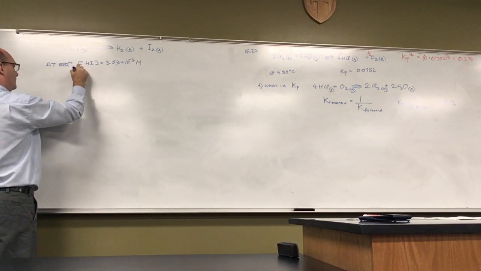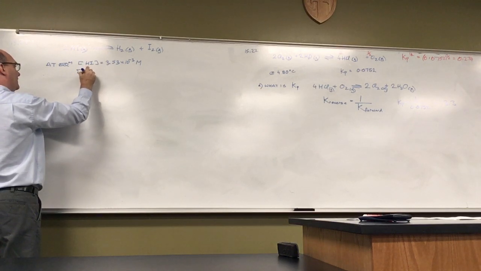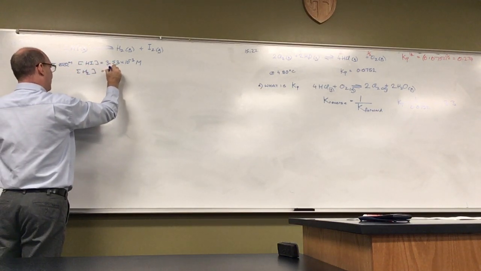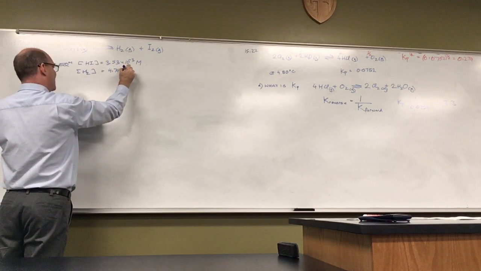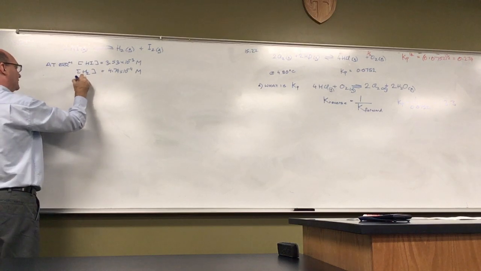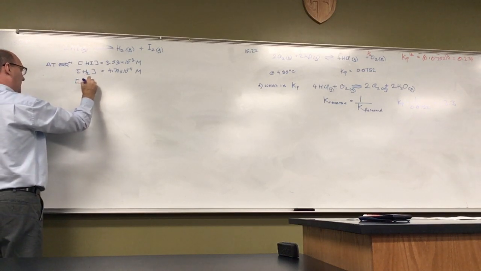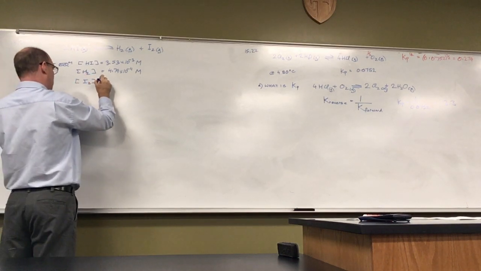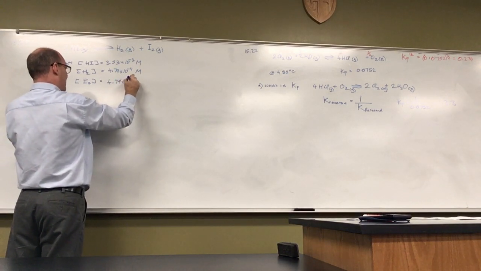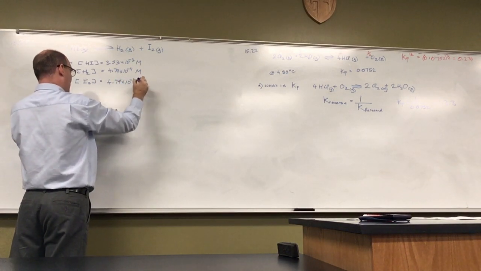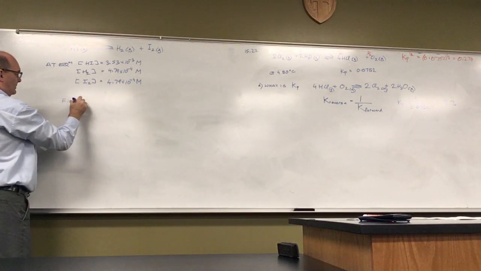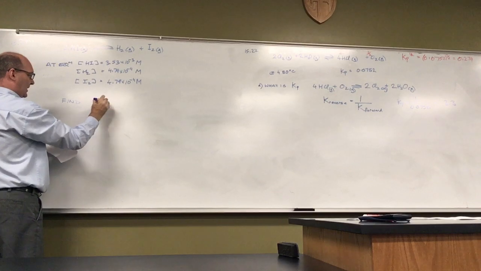That the concentration of H2 is 4.79 times 10 to the negative 4 moles per liter. And that the concentration of iodine is 4.79 times 10 to the negative 4 moles per liter. Find the value of Kc.